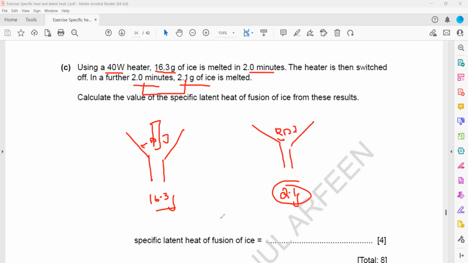This is the amount of ice which is melting because of the energy from the surroundings. So ice is absorbing energy from the surrounding, and the heater is still hot, so it is also supplying energy. So we subtract the two masses to know how much the heater is actually melting.